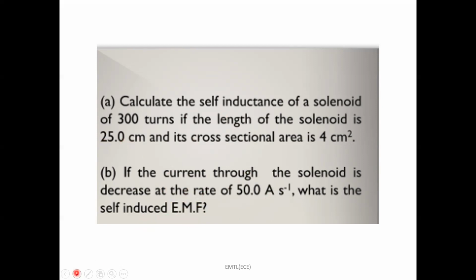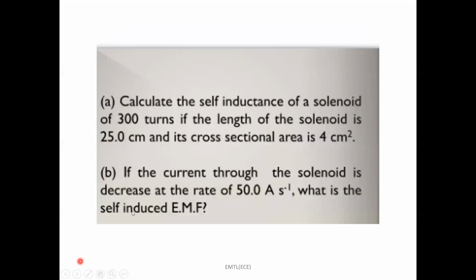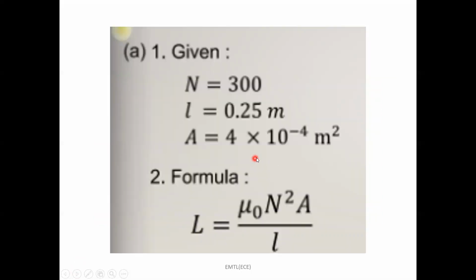So the solution of the problem is, first of all, the given values: number of turns is equal to 300, the length is 25 centimeters, that is 0.25 meters, and the area is given as 4 centimeters square, so it is also converted into meter square by multiplying with 10 power minus 4. So we have to calculate here the self-inductance of the solenoid. The expression of self-inductance of the solenoid is L equal to mu naught N square A by l.